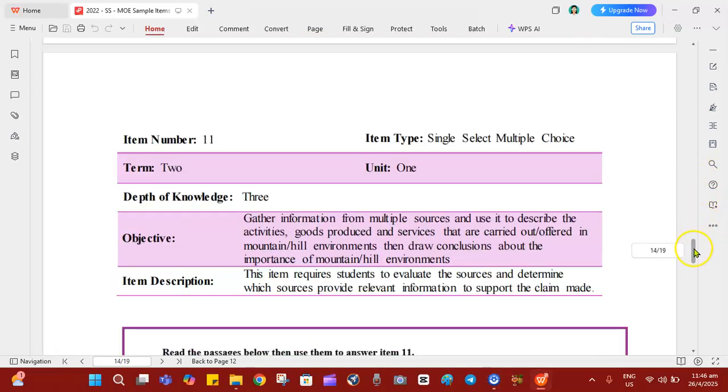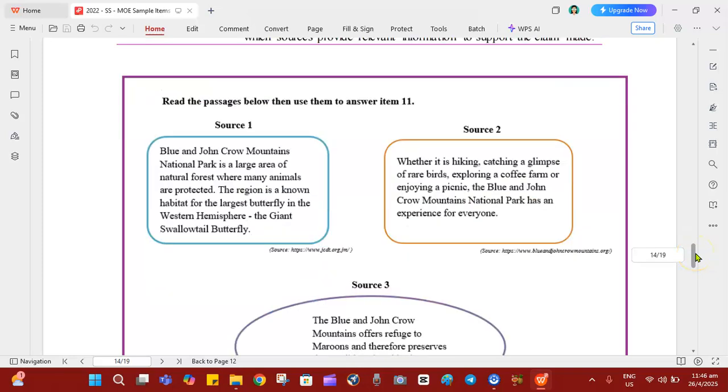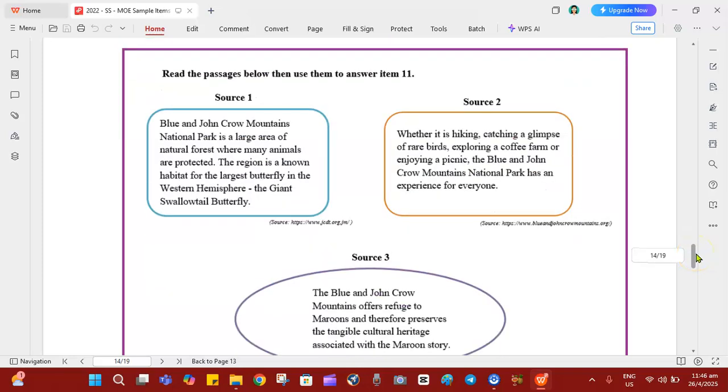Next item, 11. Here we have three sources. Let's read them fast. Blue and John Crow Mountains as source 1: National Park is a large area of natural forest where many animals are protected. Thinking of a forest reserve there. The region is a known habitat for the largest butterfly in the Western Hemisphere, the giant swallowtail butterfly.